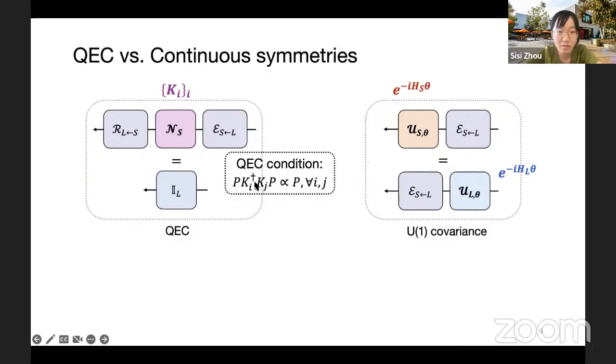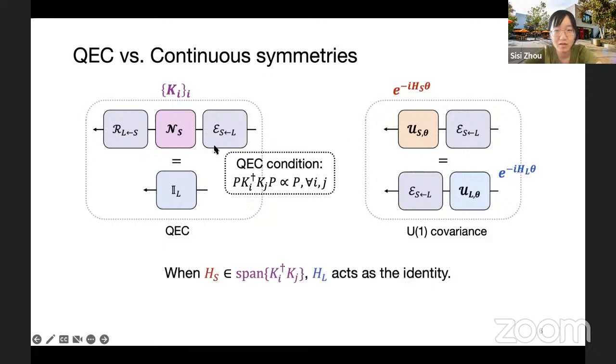Again, we have this quantum error correction condition to help us determine if the code can correct a certain type of noise. Combining these two, we can see that if the physical Hamiltonian is inside the span of Ki dagger Kj, then HL must act as identity in the logical space if the code is simultaneously error correcting and covariant.